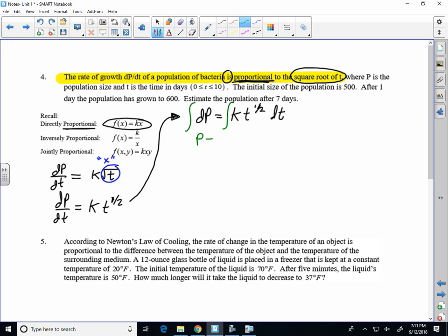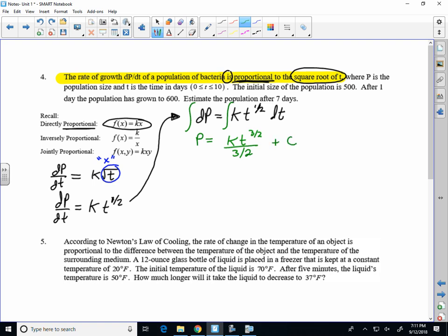So p would be equal to, and last class we said that it's p plus c, but that c is going to get moved to the right anyway, so we could just write the p. What's the antiderivative of kt to the 1/2? Kt to the 3/2 over 3/2, which we'll clean up in a second, plus c.